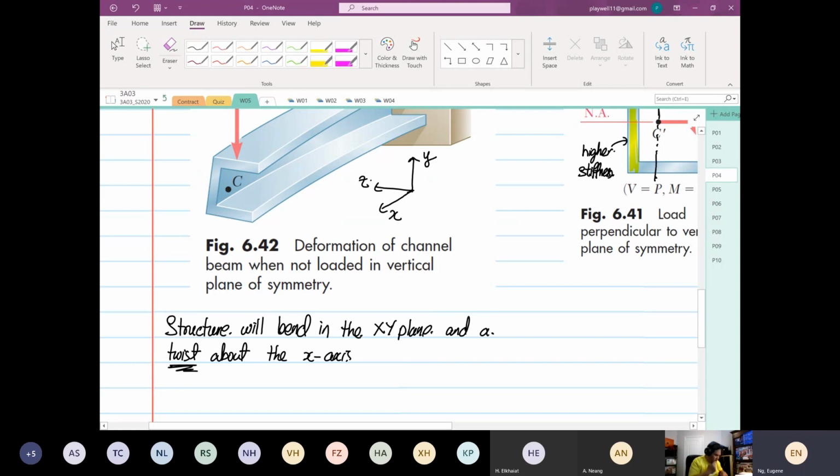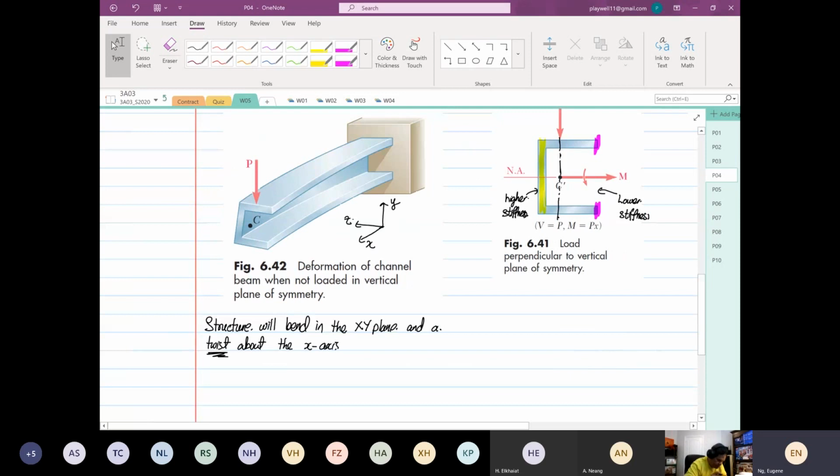So is this twist that is going to cause us the problem?